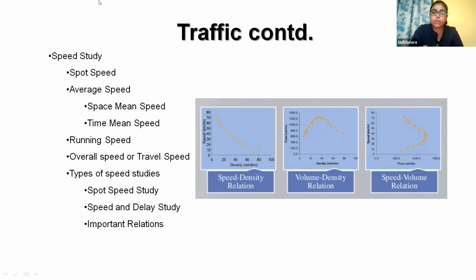As speed increases, we know that density decreases. They'll give four graphs and ask you to choose which is the right one. Then the volume density relation. Here you can see that as flow increases, the density increases up to a particular point and then it decreases. Why? That we have to address. Next, what is the relation between speed and volume? That we have to address.